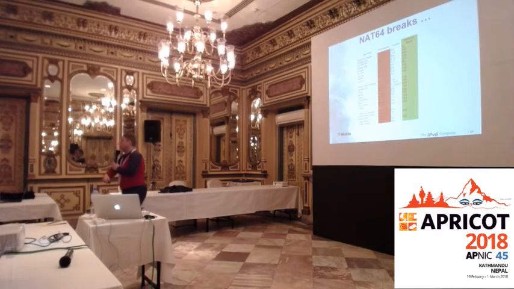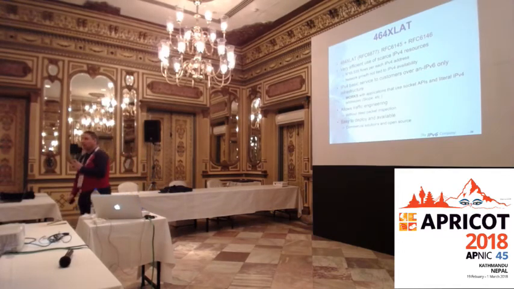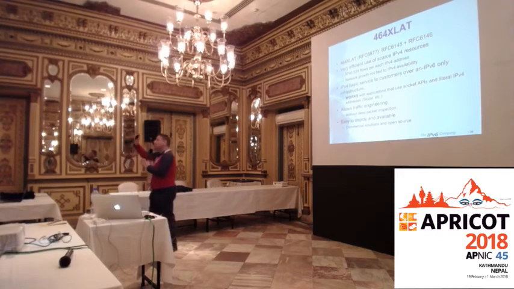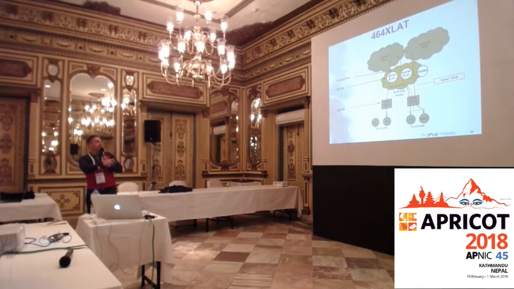If you want to use NAT64, basically it is NAT64 and something else. And what's something else? Let's see it here. NAT64 is doing the 6-to-4 translation. What if at the CPE we do a 4-to-6 translation? 4-to-6 and then 6-to-4.